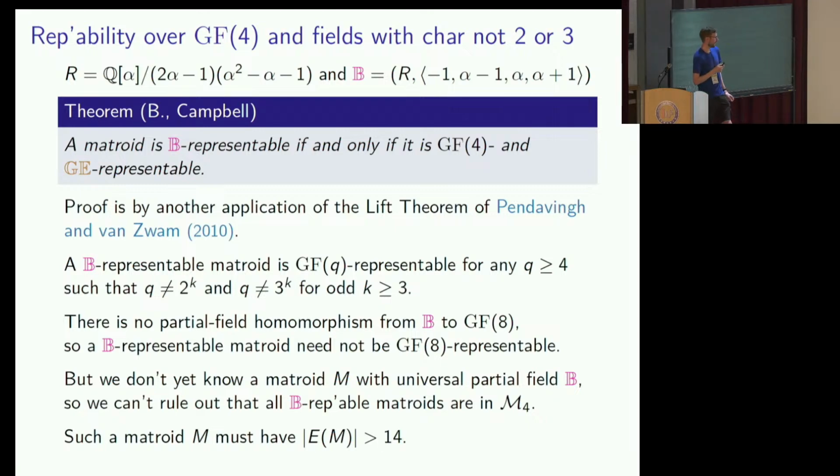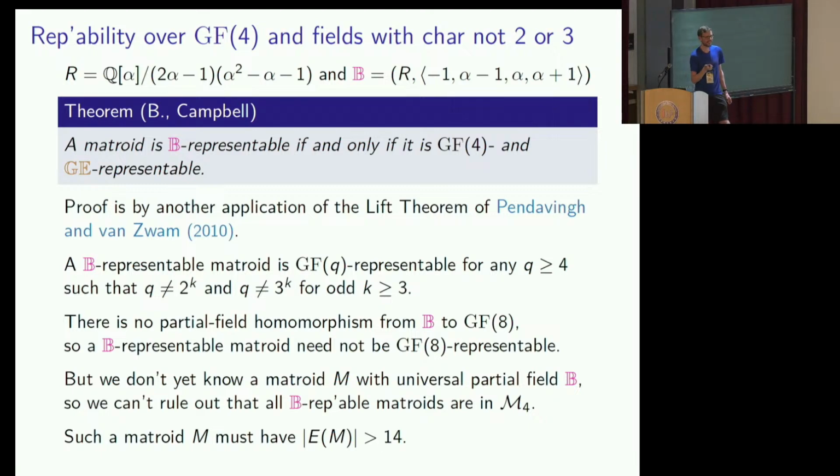In fact, if we focus on GF8, which is one example of that, there is no partial field homomorphism from this partial field B to GF8. So it gives us the possibility that a matroid could be representable over this partial field, but is not GF8 representable.